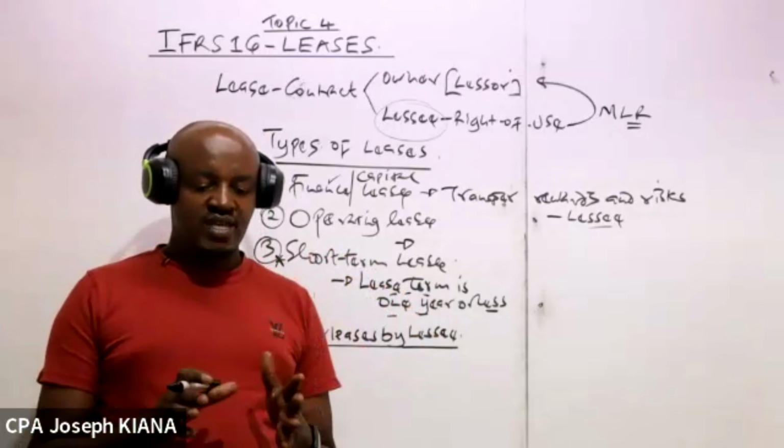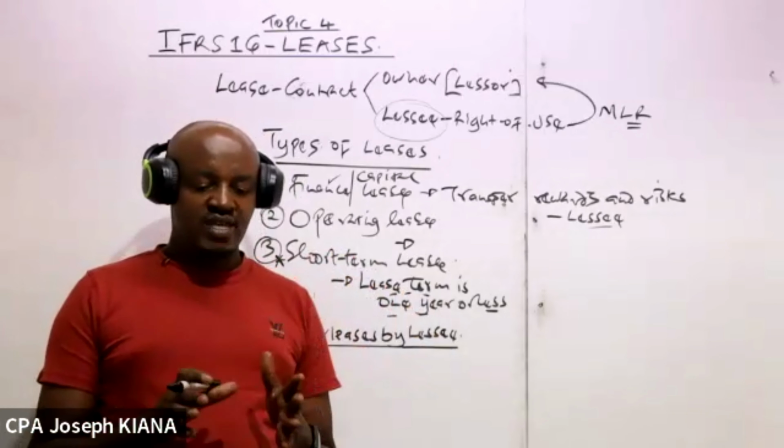So therefore, we have said that once the lessee has leased an asset from the owner, at the inception date of the lease, he must recognize the lease liability and the right of use asset. But there are two exemptions. One, in case the lease is a short-term lease, he just needs to recognize the rent he paid as an expense.